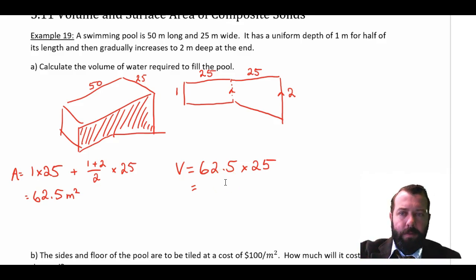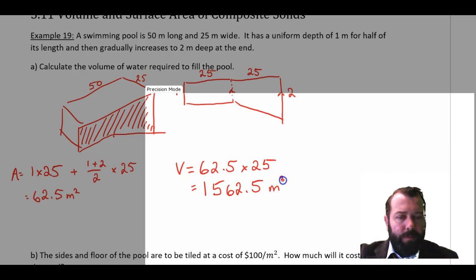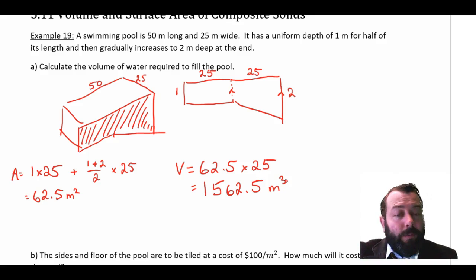Oh, I've lost my pen. Okay, the volume of the pool is 1,562.5 cubic meters. Right, so that's 1,562 kiloliters, or 1.5 megaliters. Okay, that's how much water we would need to fill the pool.